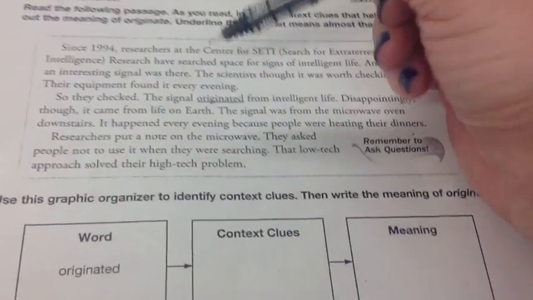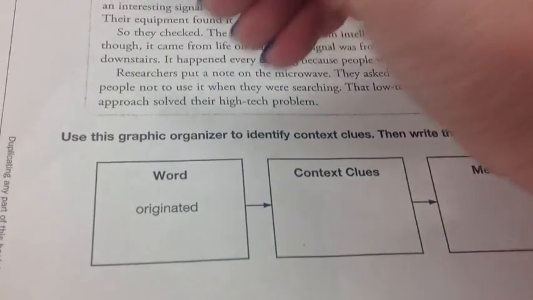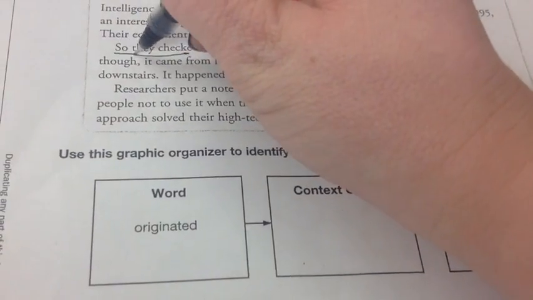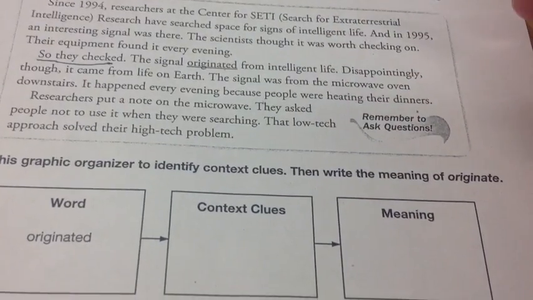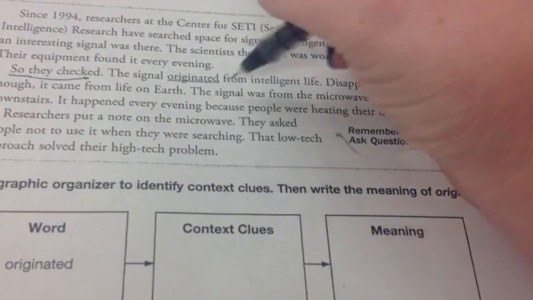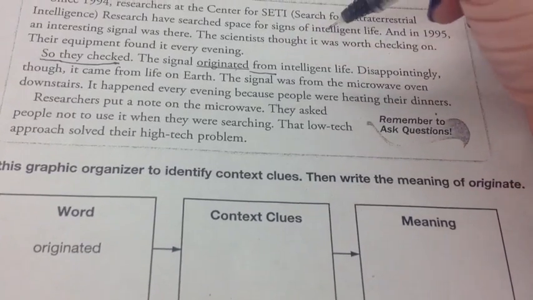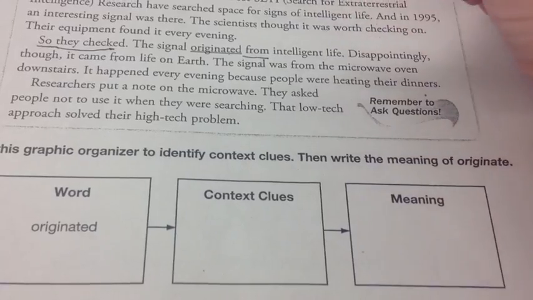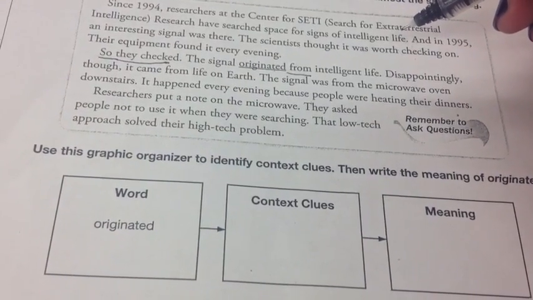Okay, so I see before they're checking where did the signal come from, right? They were getting a signal every evening, so they checked. Then they found the signal originated from intelligent life. So I know that this word from is a context clue. So originated from means that you're looking for it came from something, okay? So disappointingly, though, it came from life on Earth.